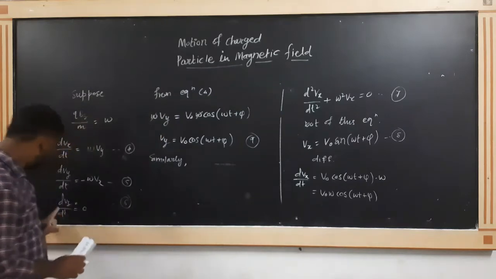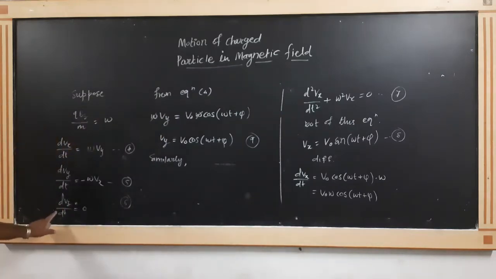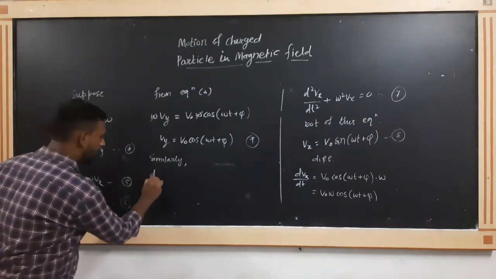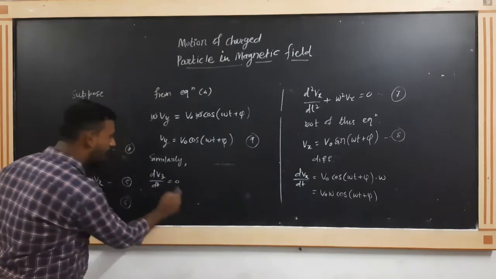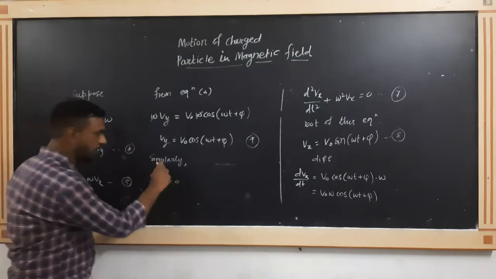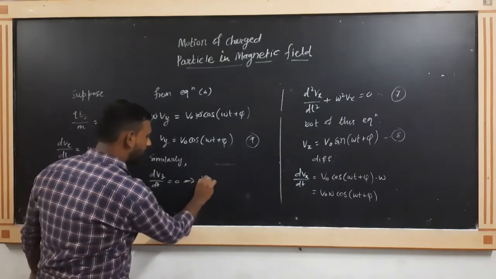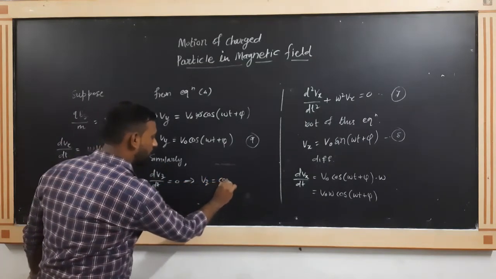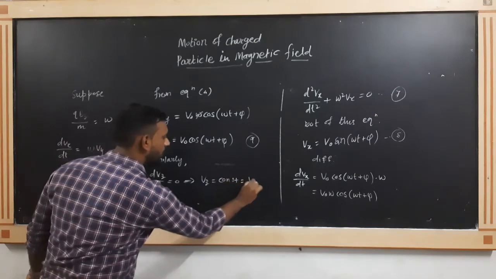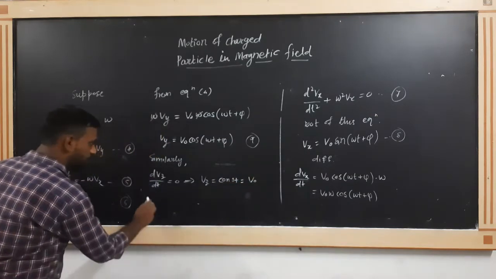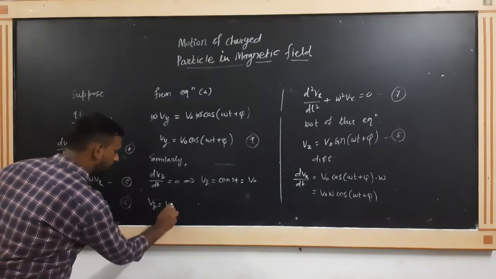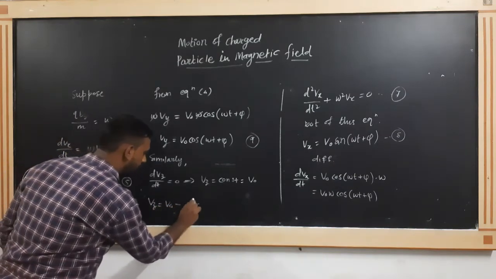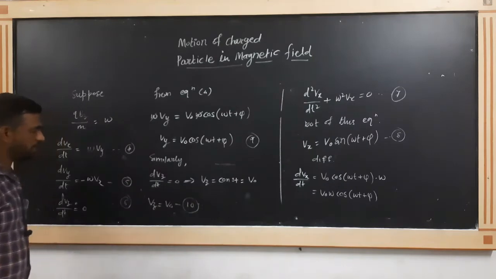Since dvz by dt is equal to 0, vz comes out to be a constant, and that constant is v0. So vz is equal to v0. This is equation number 10.